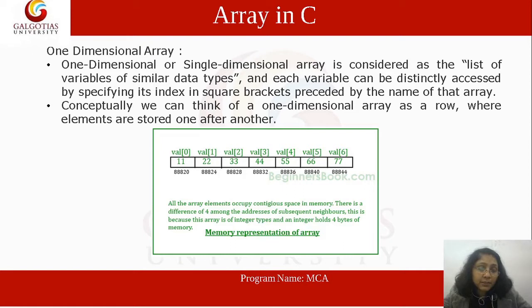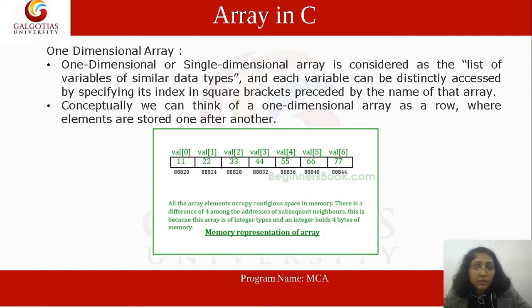As reflected in the PPT, a one-dimensional or single-dimensional array is considered a list of variables of the same data type, where each variable can be distinctly accessed by specifying its index in square brackets preceded by the name of the array.